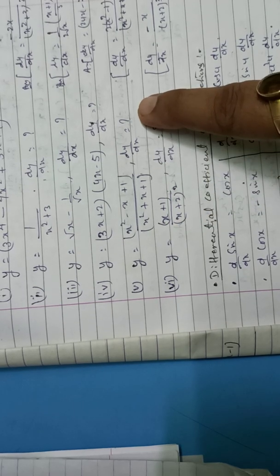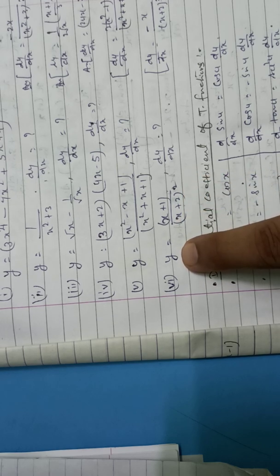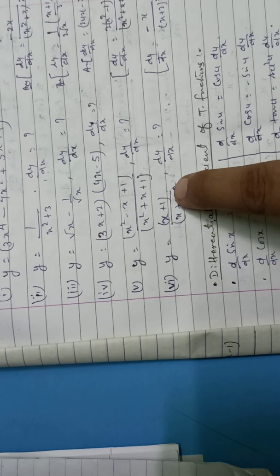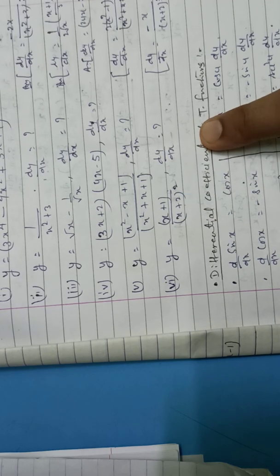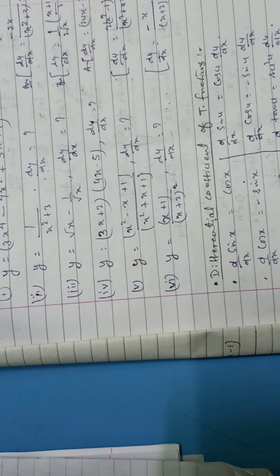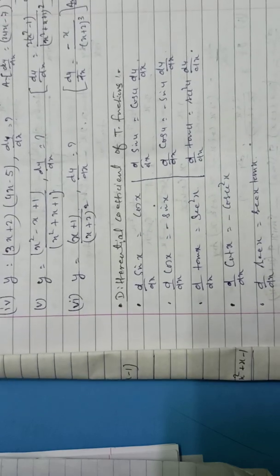Then you will be able to find it. In the same way, I give you another question from the division formula: y is equal to (x plus 1) by (x plus 2) whole square. Then find dy by dx. Are you able to solve? Solve by yourself. If you have any doubt, then you can ask me.